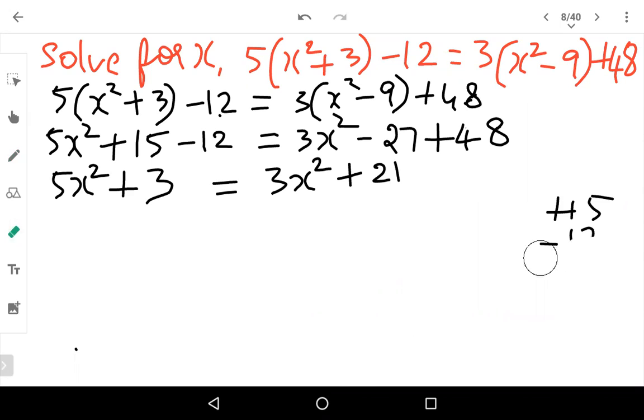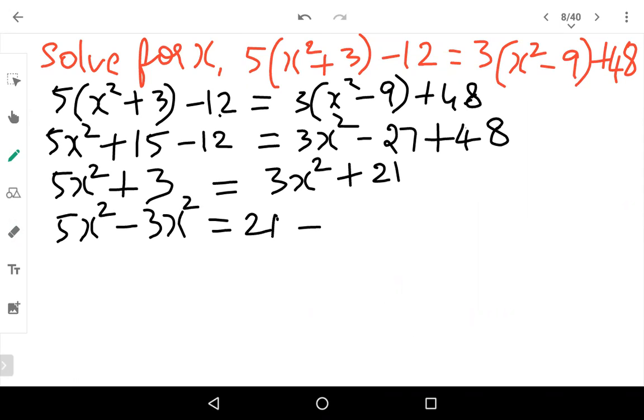Okay, now after this, let us get x squares to one side. So 5x square minus 3x square is equal to 21 minus 3. I've just interchanged the sides. 5x square minus 3x square will give me 2x square is equal to 21 minus 3 is 18.